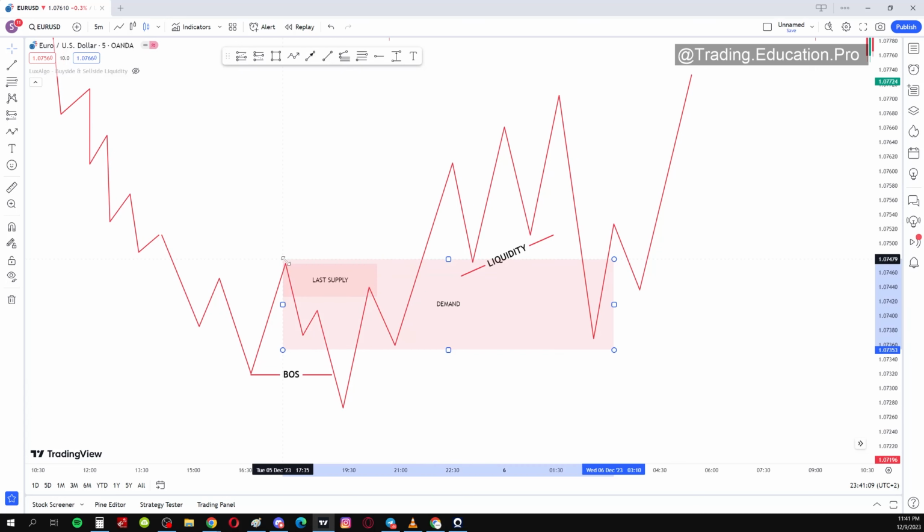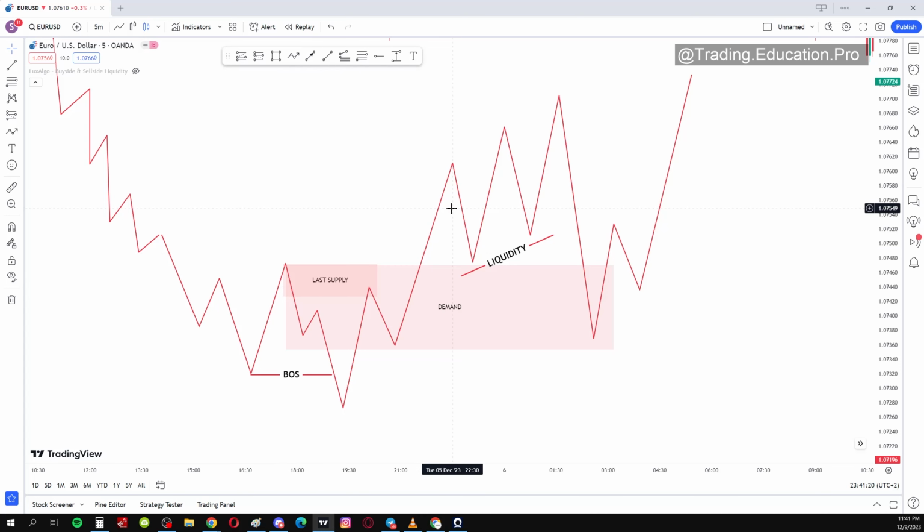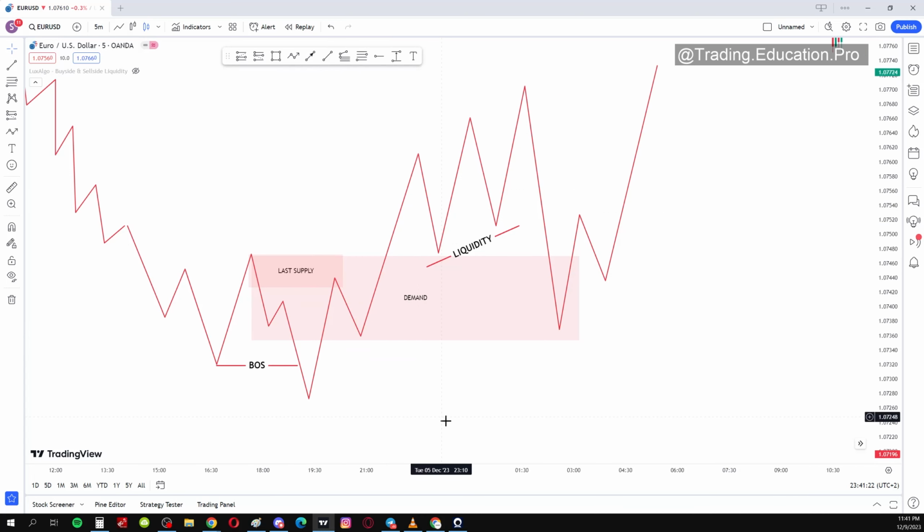This whole thing is a flip zone because it was a supply, it tapped the supply and now becomes a demand. It was resistance, but the resistance broke and now it is support.